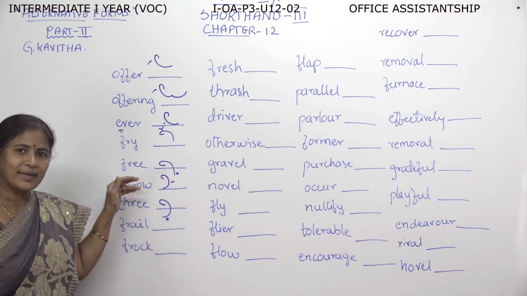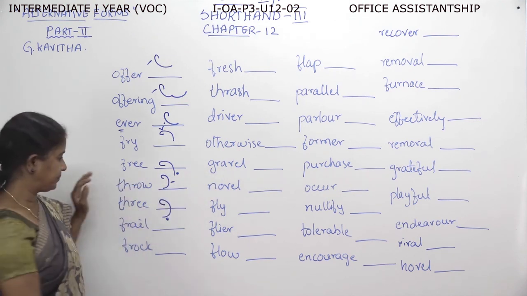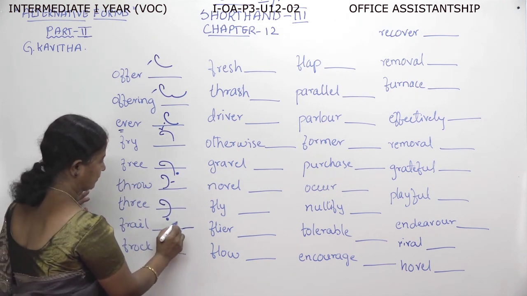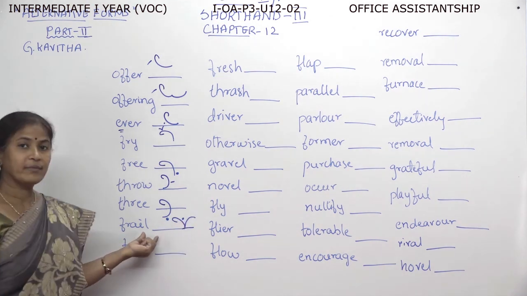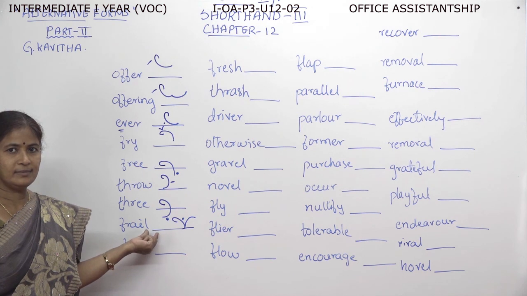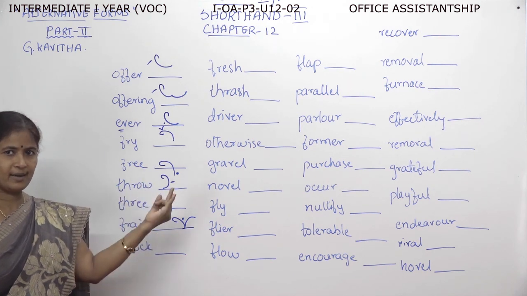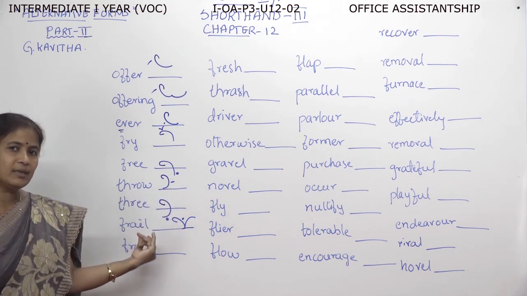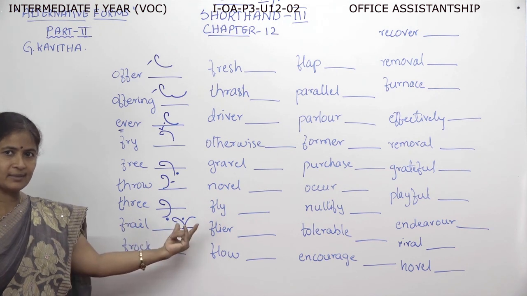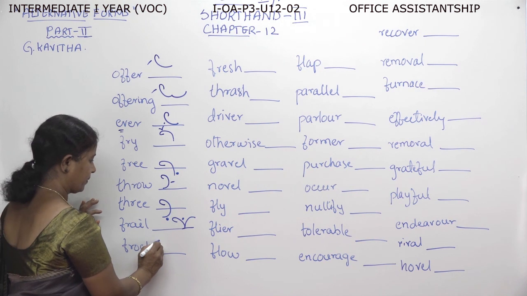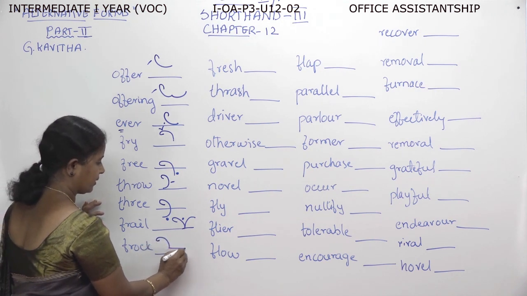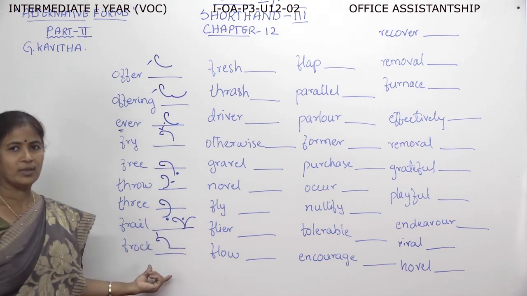So the right form of for joins better. Same way, frock: for and K, two strokes. K is going towards the right side, so the right form of for joins better. Fro and K. Frock.